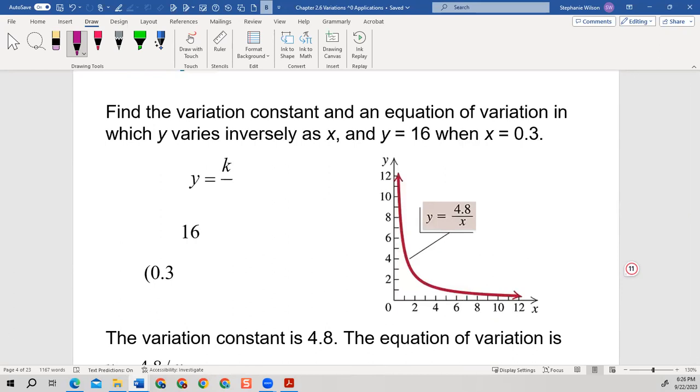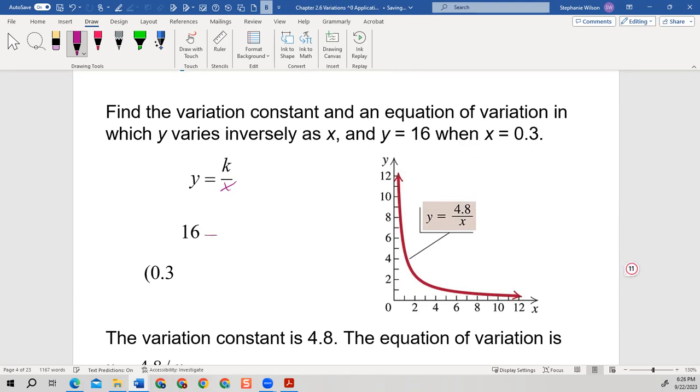Now let's do our example here. Our example says find the variation constant and an equation of the variation in which y varies inversely as x, where y is equal to 16 and we're given that x is equal to 0.3. Let's find the constant k. So we know what y and x are, so let's just plug it in.